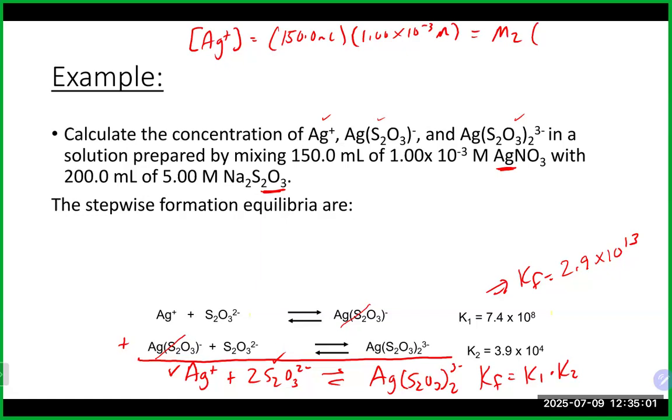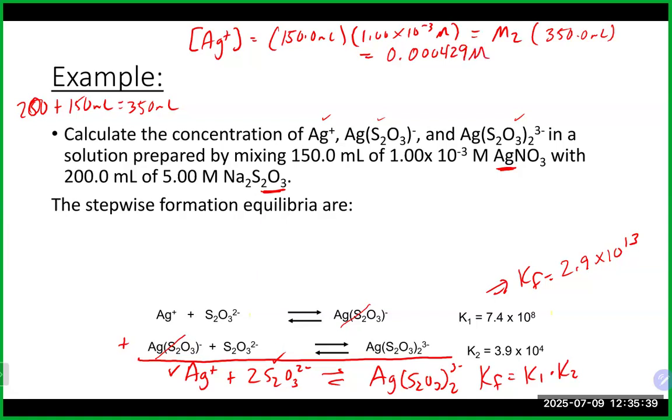And now our volume here is going to be a total of 350 milliliters, as we took 200 plus 150 milliliters. So that is what we would use for our V2, which would be our total volume. That's going to give us, for the silver, 150 times 10 to the minus 3 divided by 350.